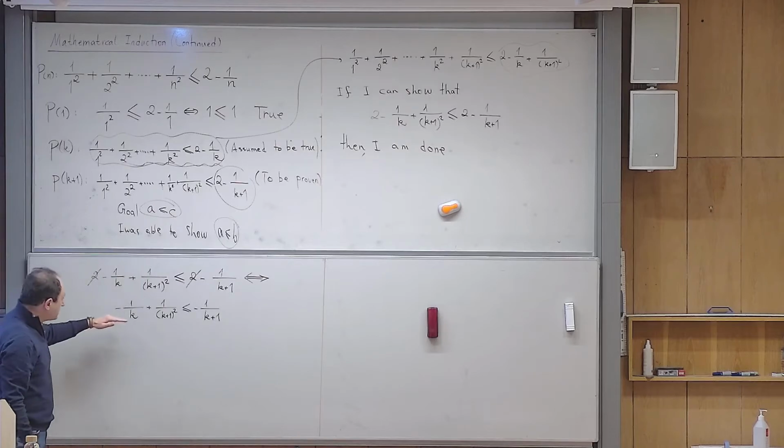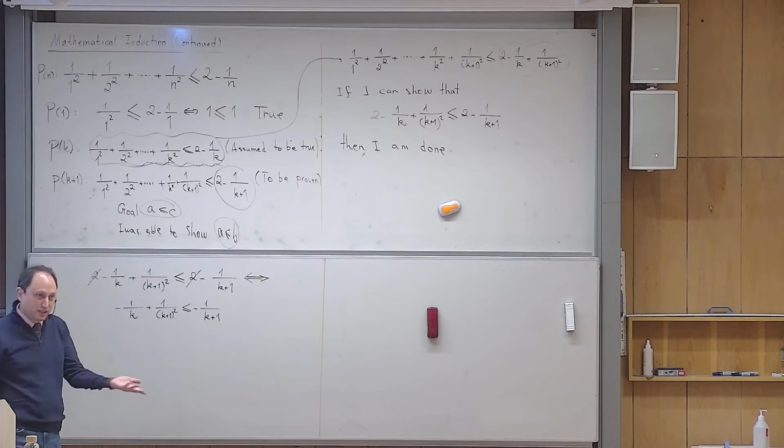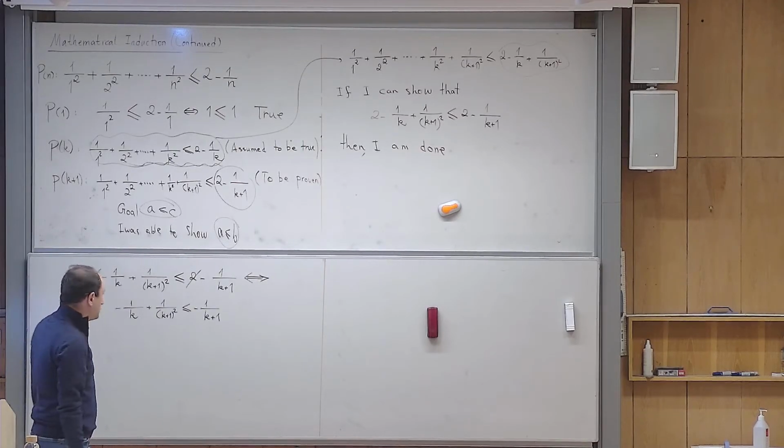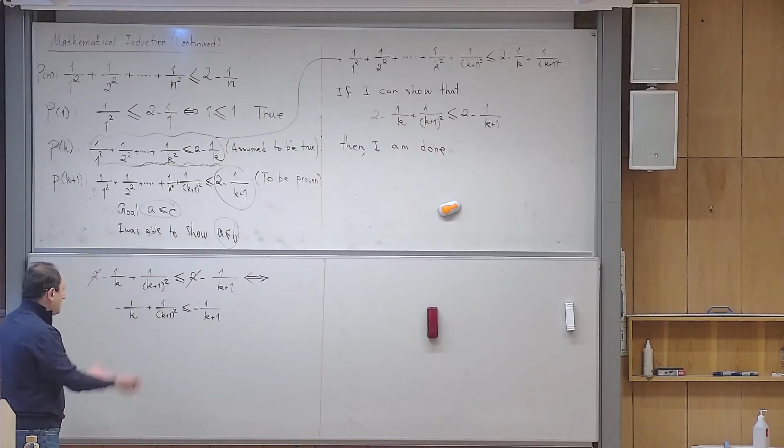But the truth or falsity of this one is easier to understand because it is simpler in form. And I am doing it with the hope that I can make it so simple that I can really see that this is true. Okay, so what is the next step? I don't know. Whatever you want to do, you can do that. So for example, I really don't like fractions.